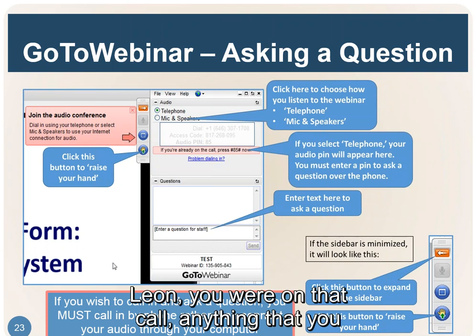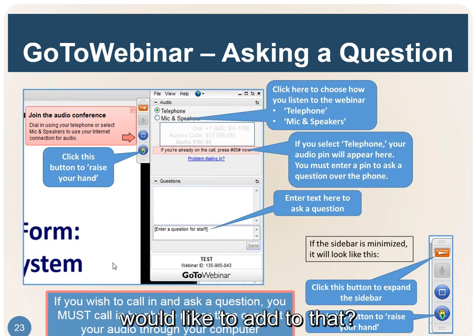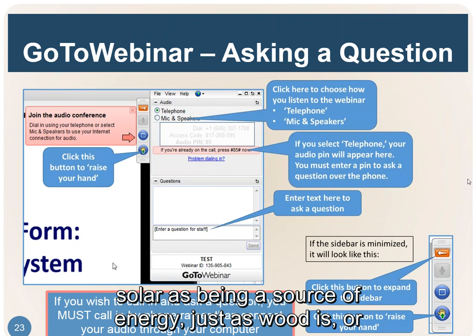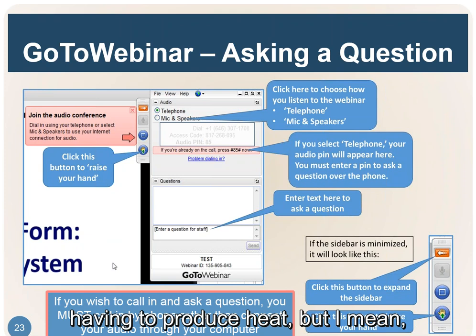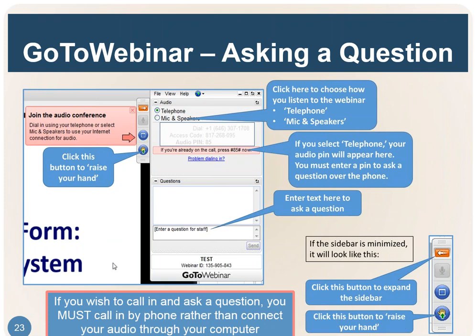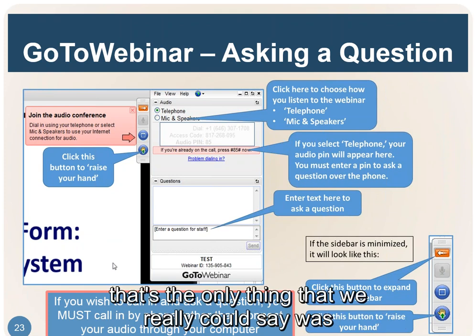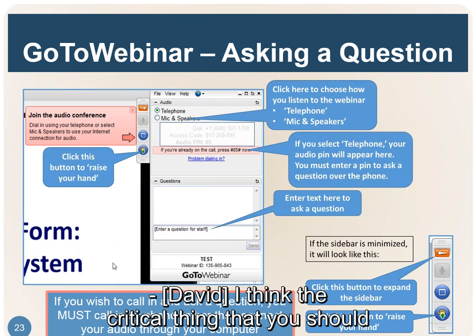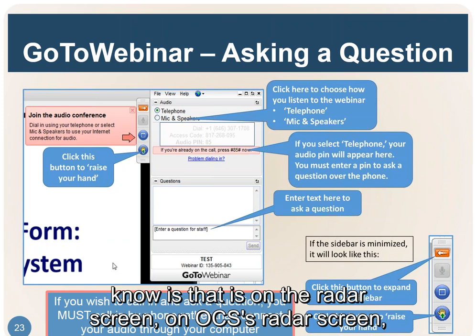Leon, you were on that call. Anything that you would like to add to that? No, only that we were talking about solar as being a source of energy, just as wood is, or what have you, to produce heat. That's the only thing that we really could say, that it's a source of energy. I think the simple thing that you should know is that it is on OCS's radar screen.